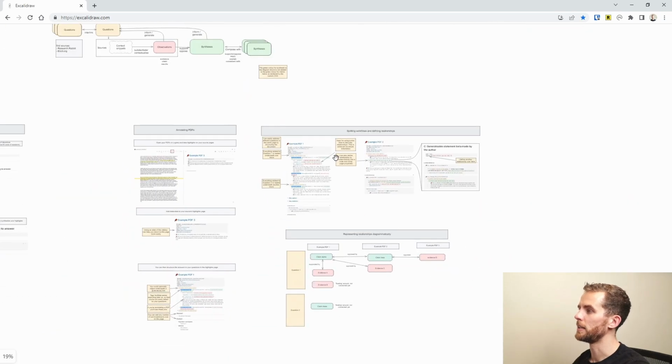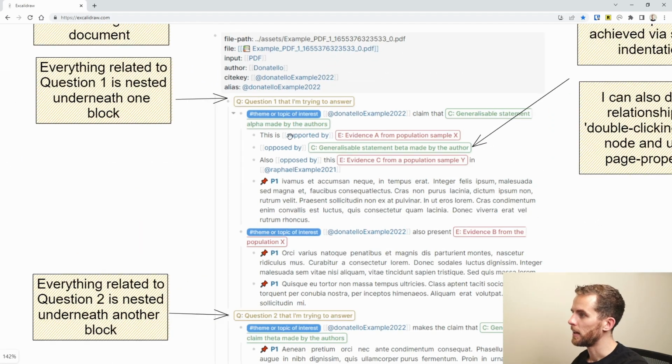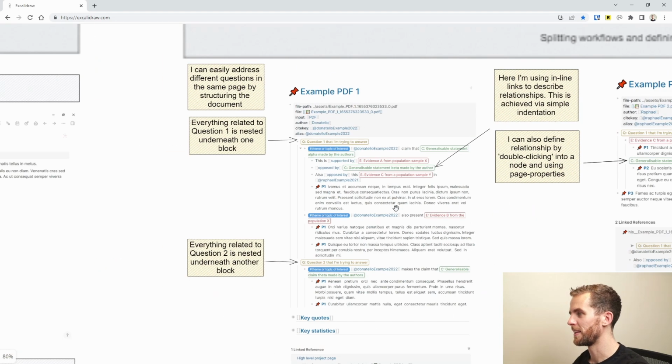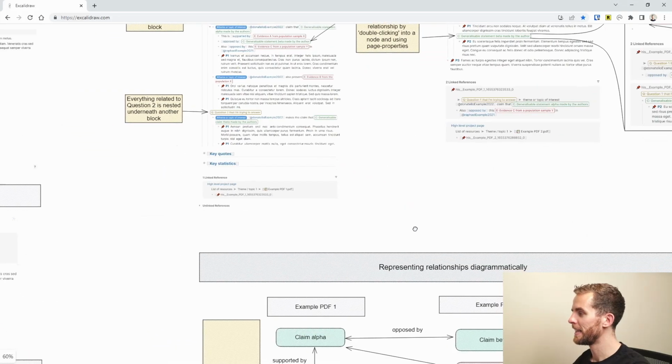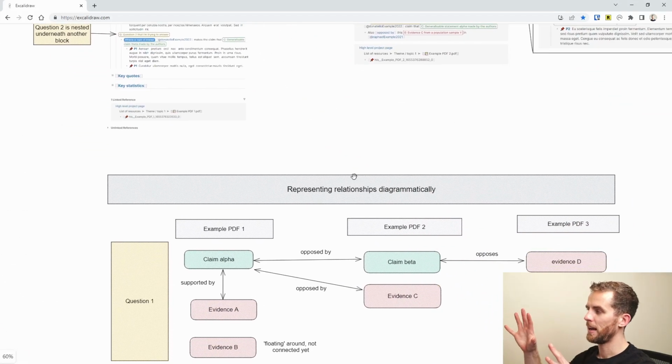So what does that look like over here? Saying here, it's supported by, it's opposed by generalizable statement beta, and it's opposed by evidence C from population sample Y. So yeah, this is probably getting a little bit complex, but when you understand how these different pieces of information relate together, it becomes very powerful later down the line.